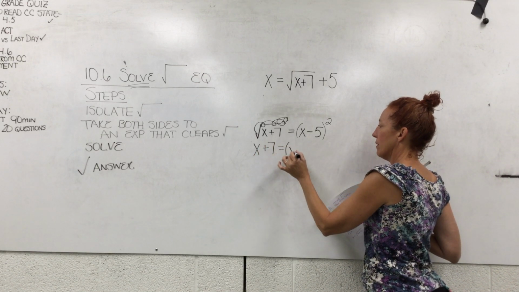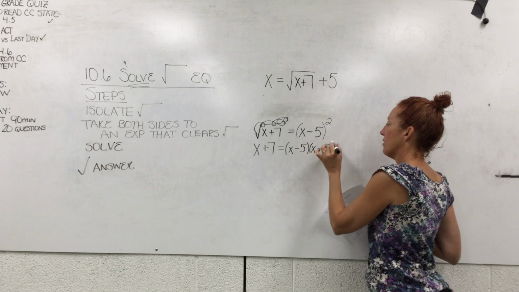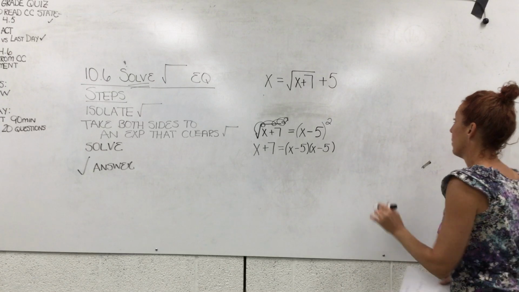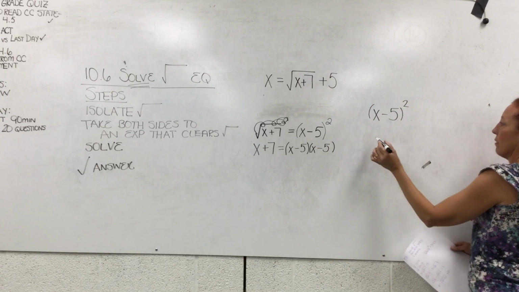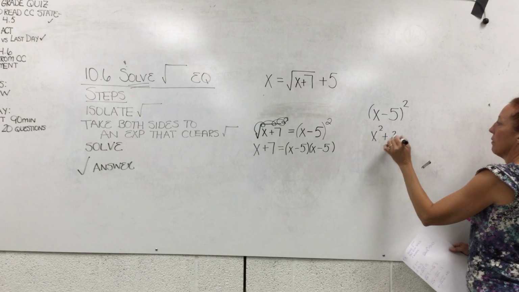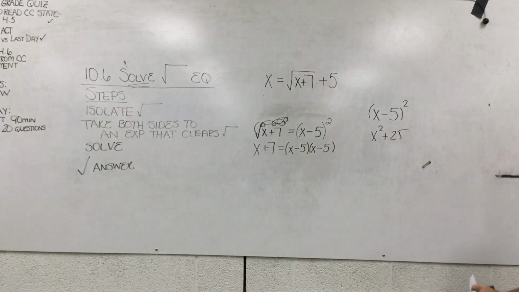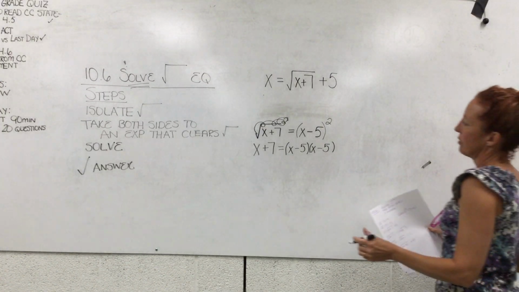On the right, you need to FOIL. X minus 5, x minus 5, because you don't forget the middle term. So now that it's been maybe a week or so, it is not equal. Don't just do that. Don't just square this guy, and think you're done. You have to FOIL it. There's going to be a middle term.